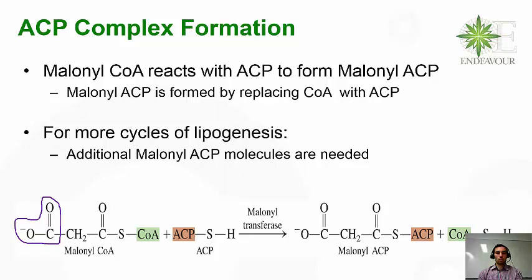So it's just a matter of removing the CoA and attaching the ACP, which is our acyl carrier protein, in its place. So we can just think of the acyl carrier protein as a protein that will be able to attach to our acetyl group.